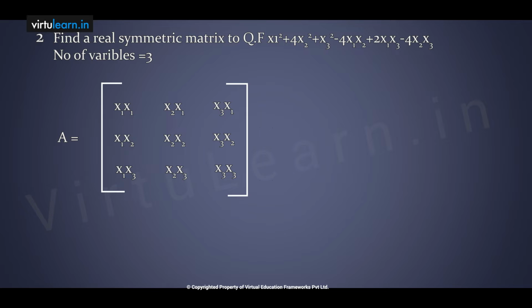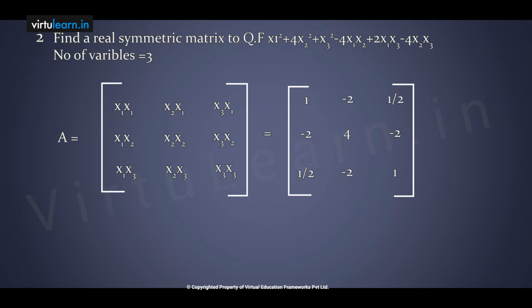By using that logic, first row, first column means the coefficient of x1 square, 1. First row, second column, the coefficient of x1, x2 is minus 4, half of that is minus 2. Next, first row, third column, the coefficient of x1, x3 is 1, so half of it is 1 by 2.